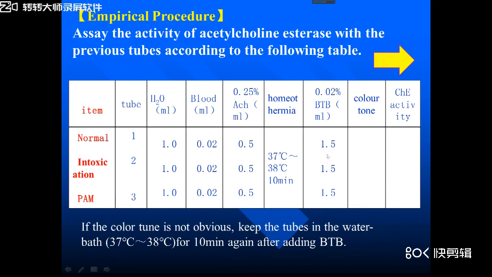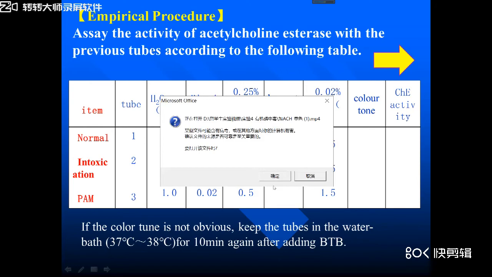At last, add 1.5 milliliter BTB, and they will have different colors. If the color change is not obvious, keep the tubes in the water bath for 10 minutes after adding BTB.